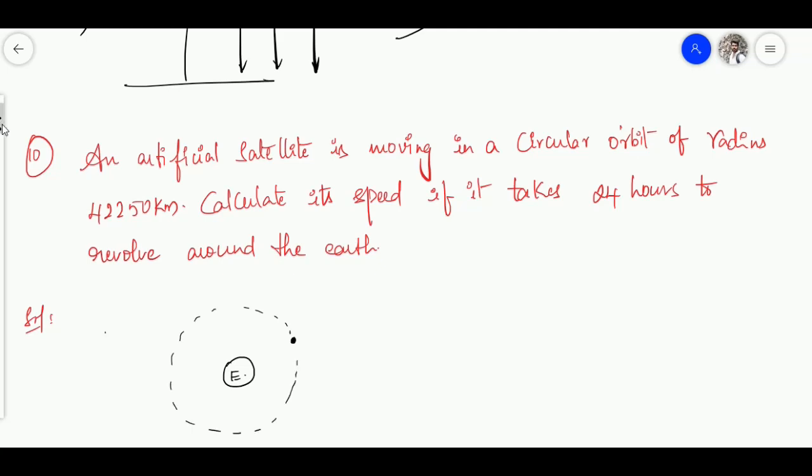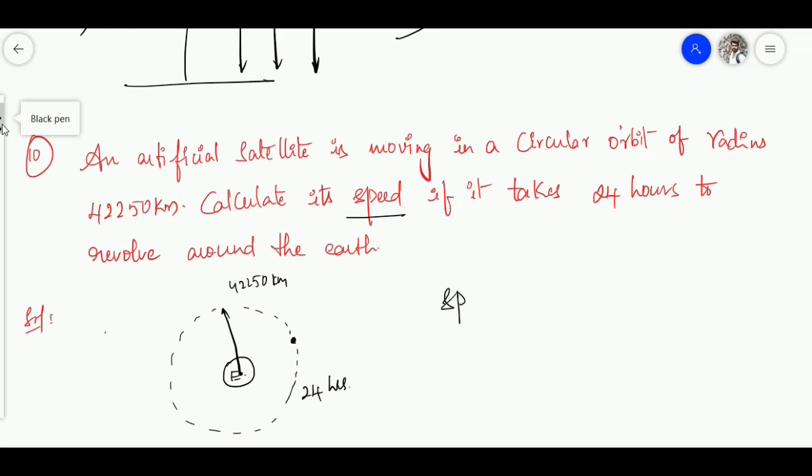It takes 24 hours to complete one revolution around the Earth. That's what is given. And this is the radius of the orbit, from the center, obviously. It is given as 42250 kilometers. Now we have to find the speed.